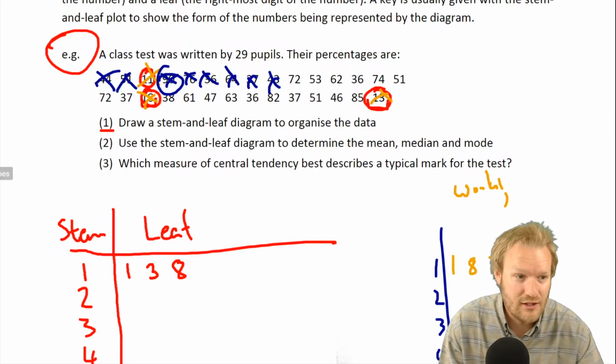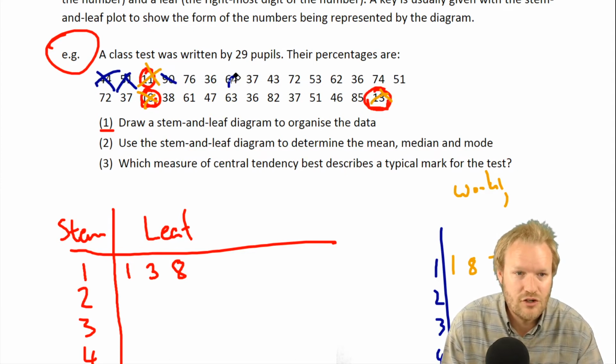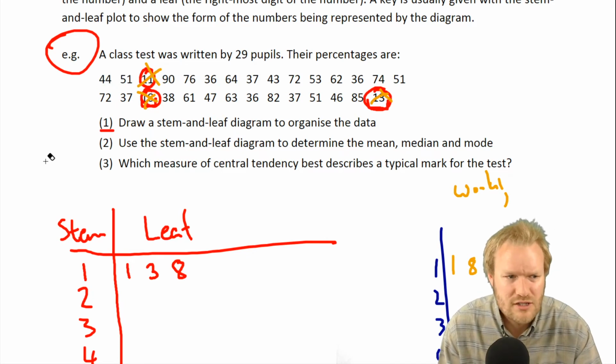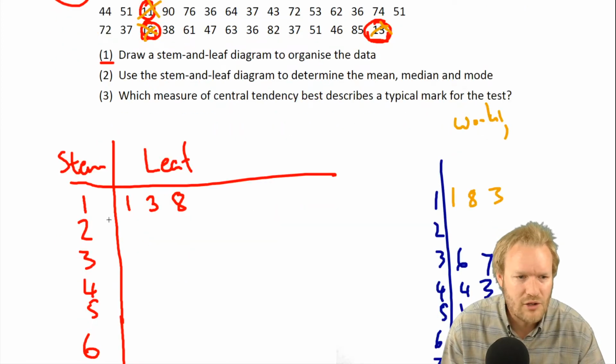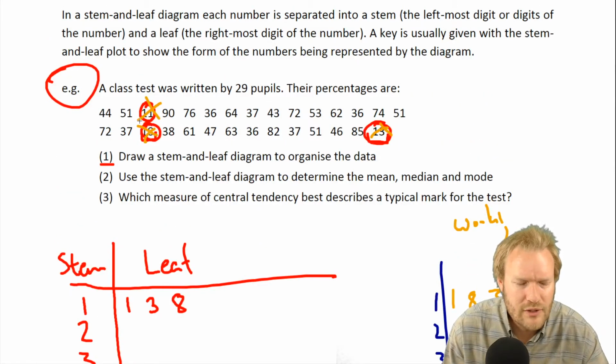Or, as I said, the alternative is, and let's leave that one actually because we crossed that off, is to look through and go, you know what, the data set's small enough that we don't have to go so systematically through like that. We can go, let's go for the 20s, there's nothing. 30s, well, maybe we can just keep in our head and go 30, 30, 30.